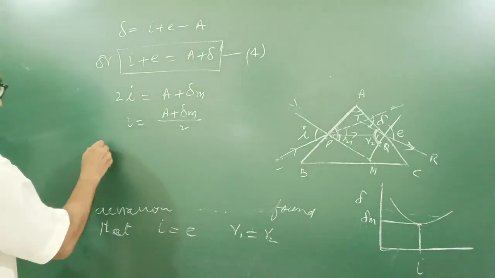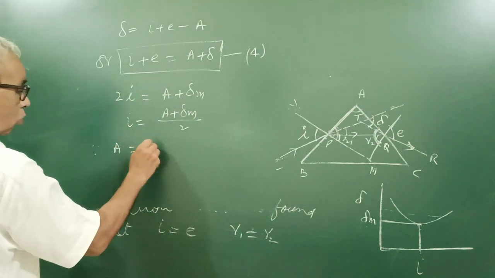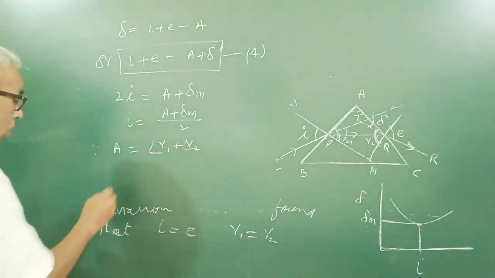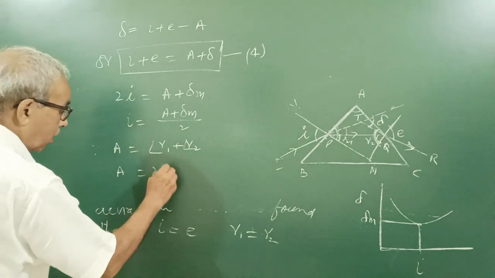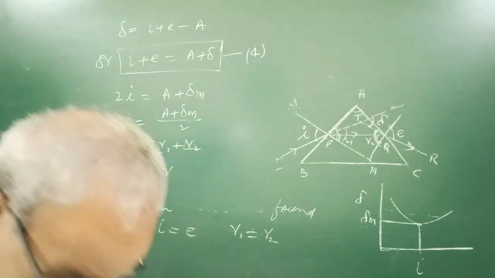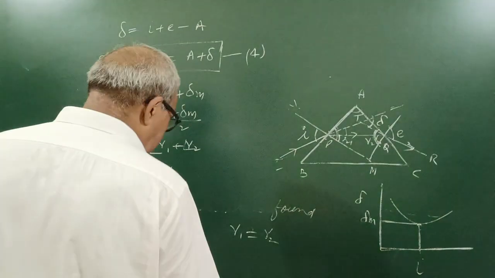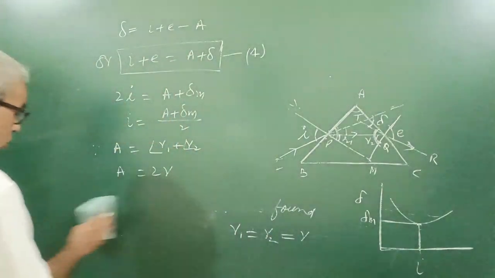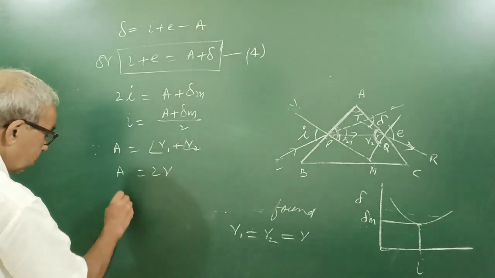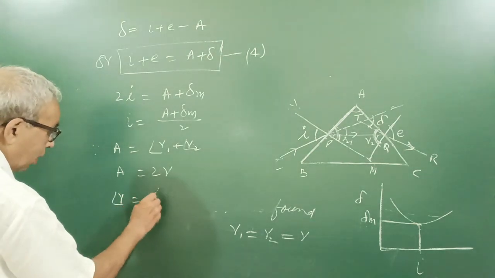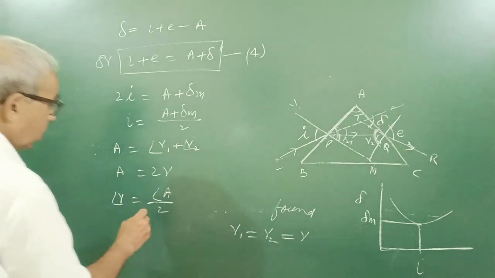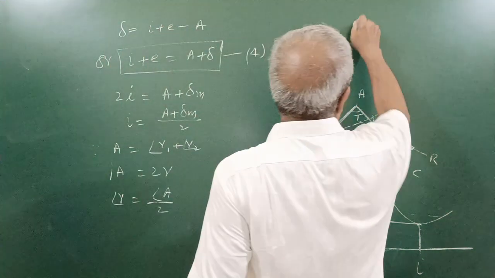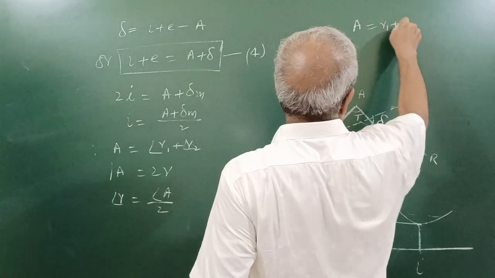Since A is equal to R1 plus R2 and they are equal, A equals 2R. Angle I1 equals I2 equal to R in the position of minimum deviation. So R equals angle A by 2. Please remember that A equals R1 plus R2.